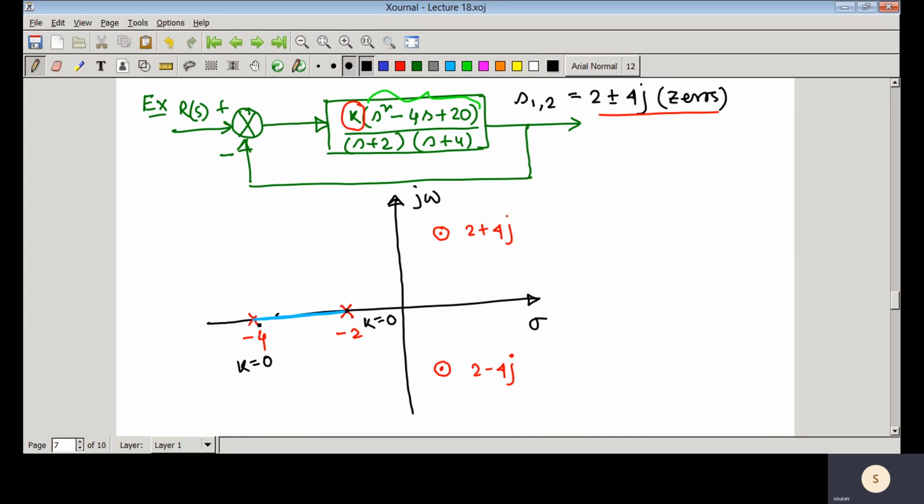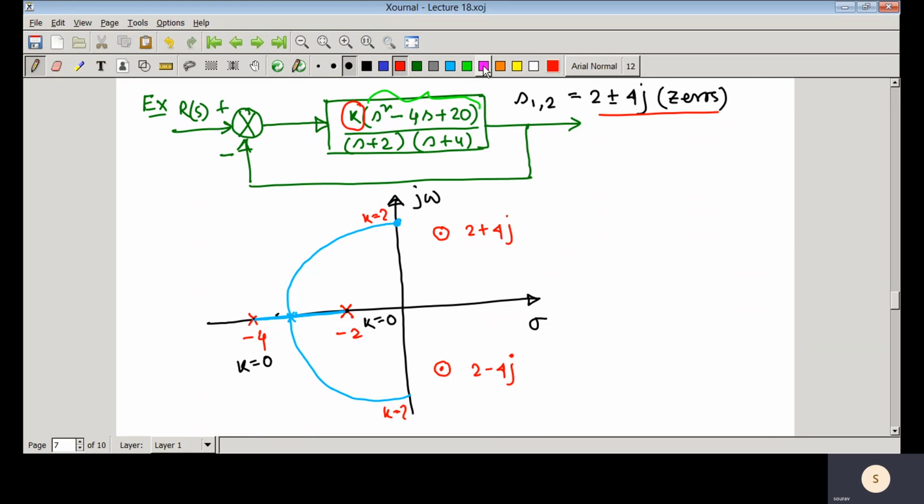So the root locus will start from -2 and -4, and when we keep increasing the value of k, at a particular value between -2 and -4, that is the breakaway point, it will go like this, and there would be a point where the roots cross the imaginary axis.